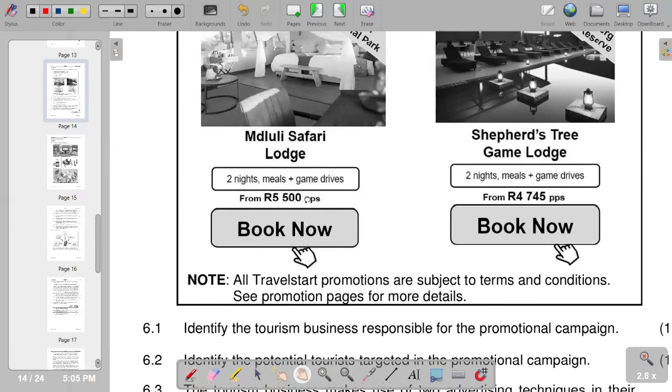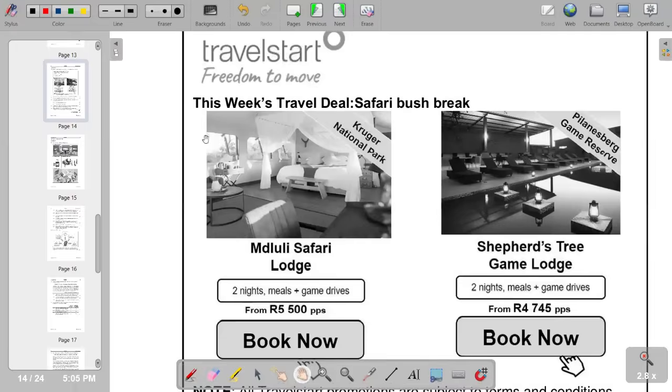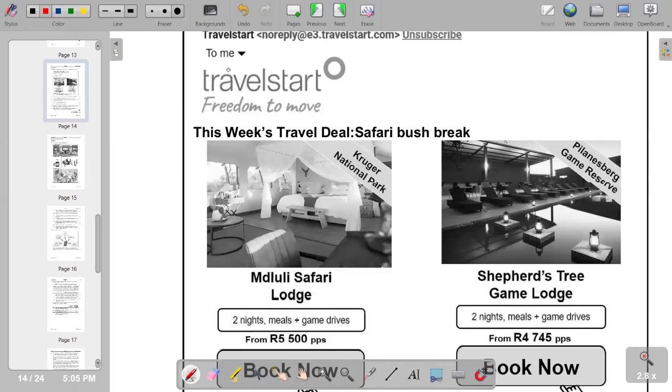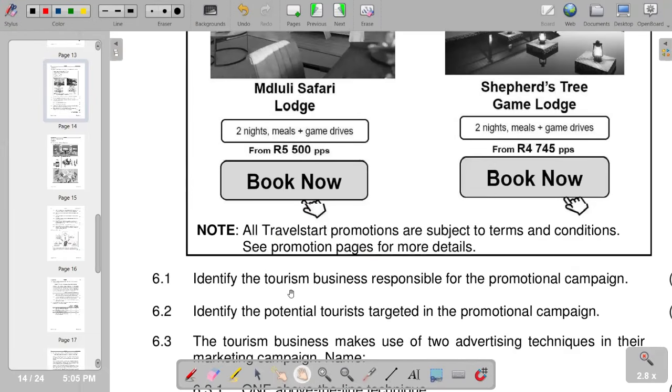If you go to the information given, you see that we have Travel Start as the business responsible for the promotional campaign.